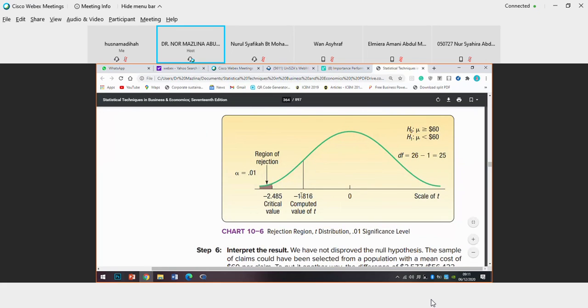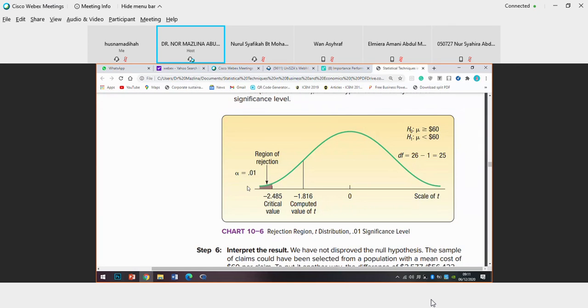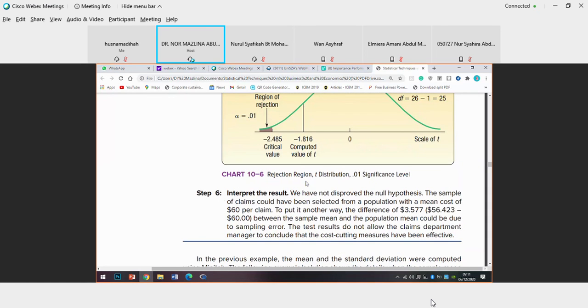Okay, jadi bila awak compute dapat T negatif 1.816, awak tahu dia duduk dekat non-rejection ke ataupun rejection region? Jawab. Oh ya Allah. Jawab. Rejection ke non-rejection? Non-rejection sebab dia dalam. Yes, non-rejection. So if you know that it lies in the non-rejection region, so do not reject H naught.